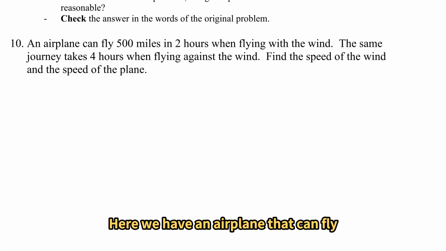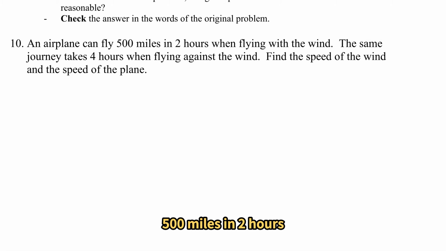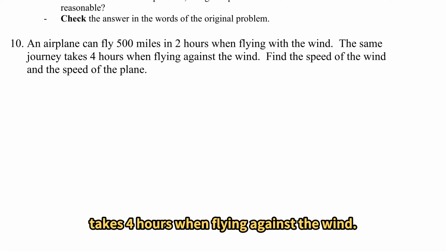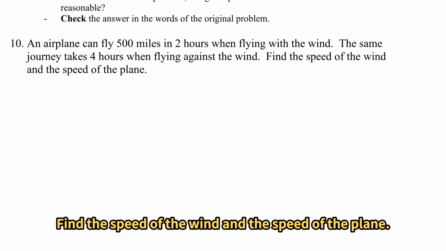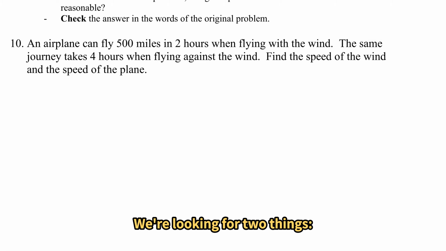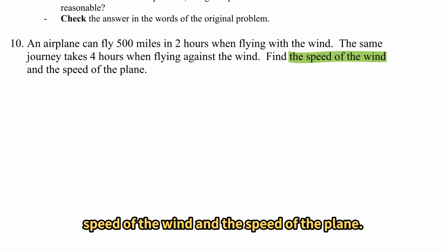Here we have an airplane that can fly 500 miles in 2 hours when flying with the wind. The same journey takes 4 hours when flying against the wind. Find the speed of the wind and the speed of the plane. We're looking for two things, the speed of the wind and the speed of the plane.